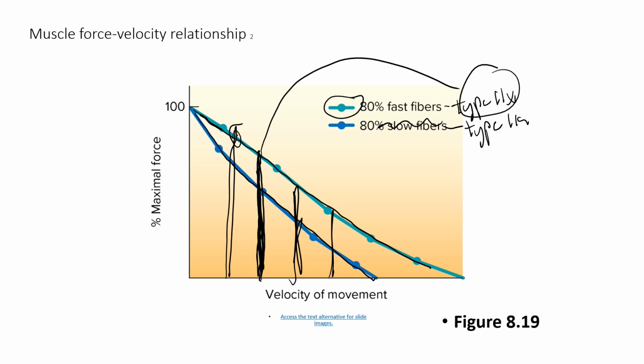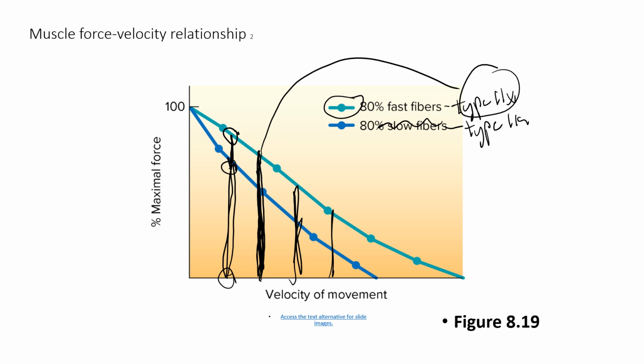They're both shortening at the exact same velocity, okay? Right here, for example. But at this velocity, the Type IIa fiber is producing a lot less force. At this velocity here, the Type IIa fiber is producing a decent amount less force than the Type IIx, and it becomes even more dramatic as you move to higher velocities.